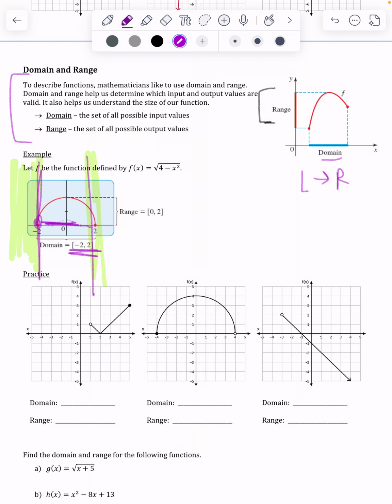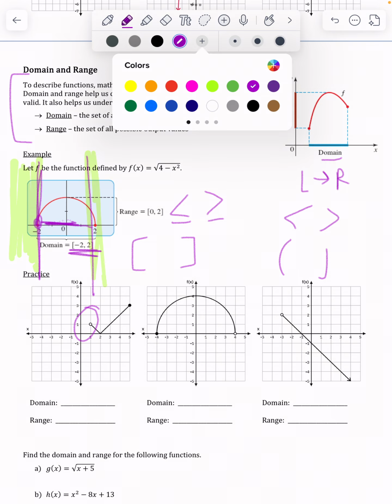And it includes the value -2. If it includes a value, we use brackets. Or in some set notations, we use less than or equal to, greater than or equal to. Anytime it doesn't include the value, which is oftentimes notated by a circle, we use parentheses or less than or greater than without the line.